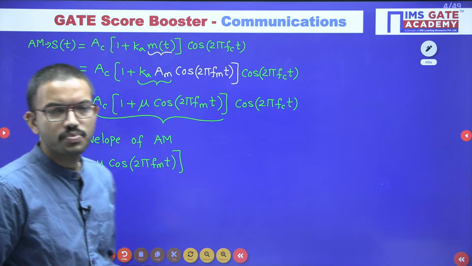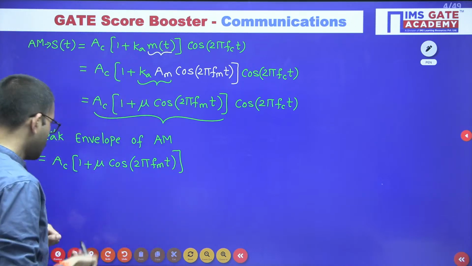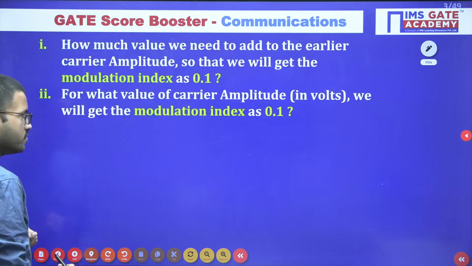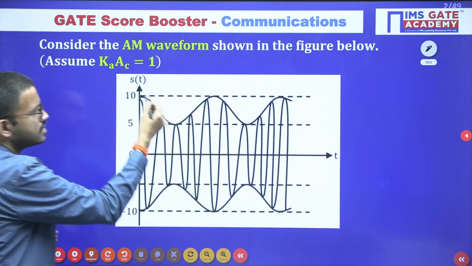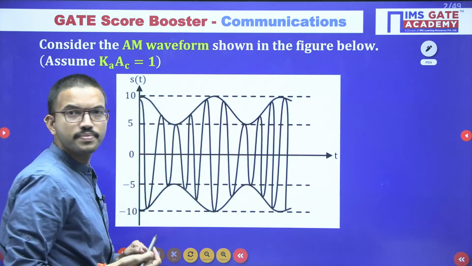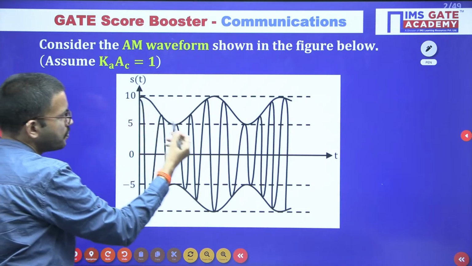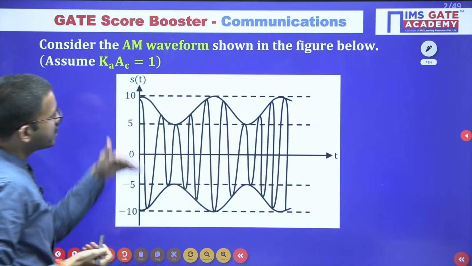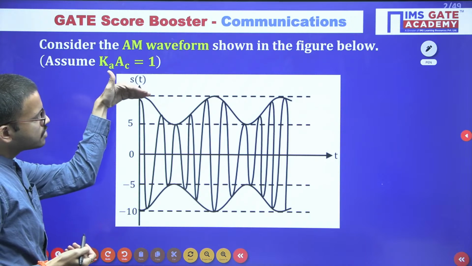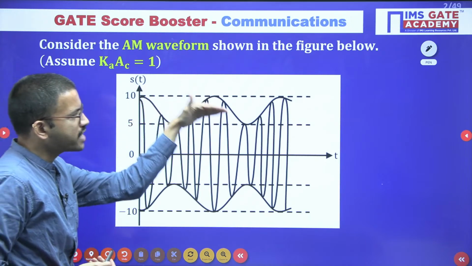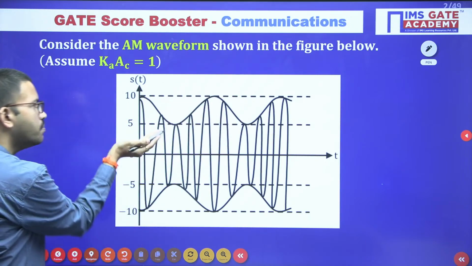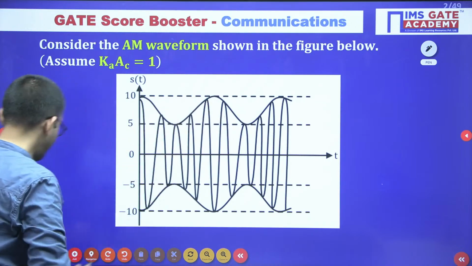Right? I hope it is clear up to this point. Now, whatever we have represented, that is nothing but this peak envelope. Okay, right. In this peak envelope, you are getting the maximum value and you are getting the minimum value. Maximum and minimum. Okay. So in between it is varying.